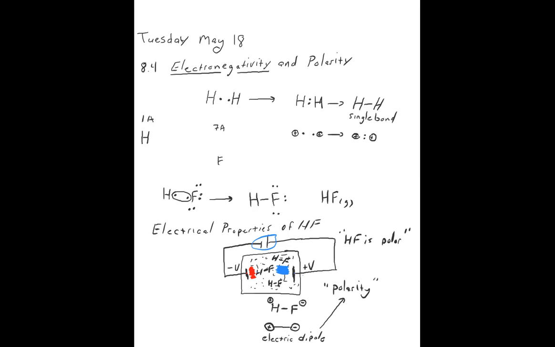So what we want to do at this stage is we want to be able to make a prediction about molecules, meaning if I see a molecule and I draw its Lewis structure, how do I know whether it's going to have this electric dipole or not? Some molecules have them, some molecules do not. So how do we know? So this is really the issue of just sort of predicting whether a bond is polar or not.